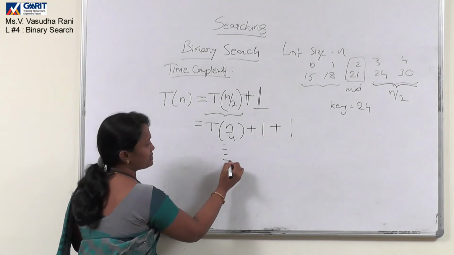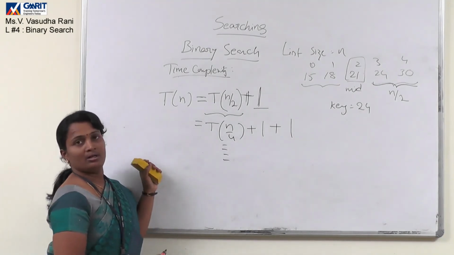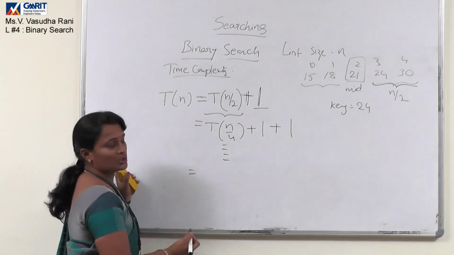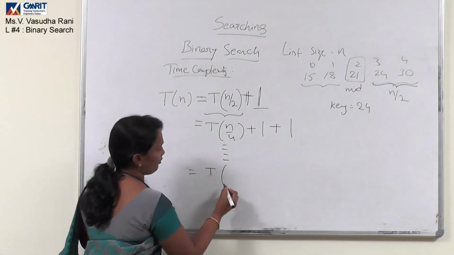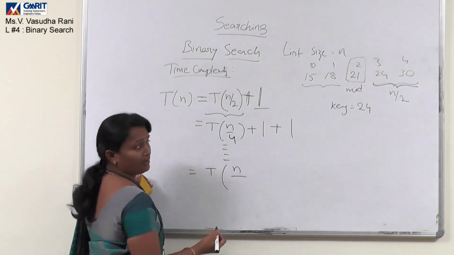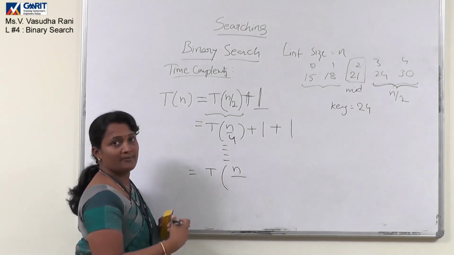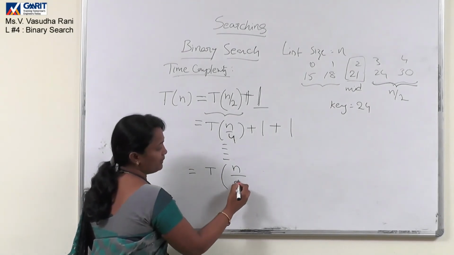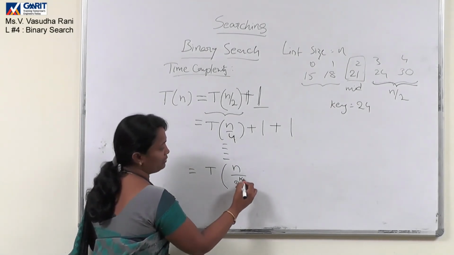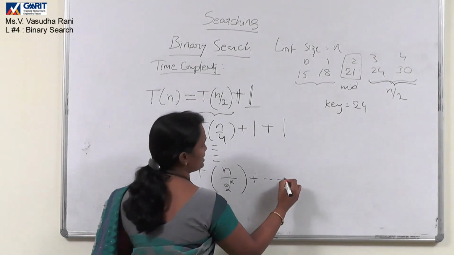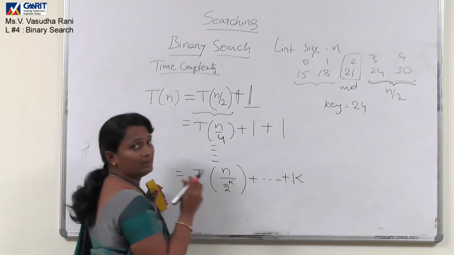Like this, if this continues up to the last iteration, we get this equation. Every time we are getting half of the list, so we can consider that in terms of multiples of 2. It can be written as 2 power k, as it repeats for k number of times.